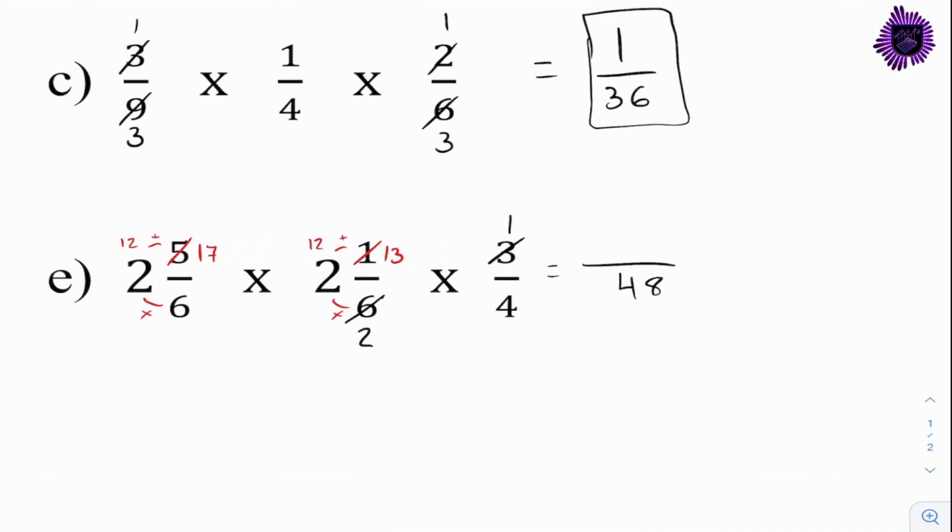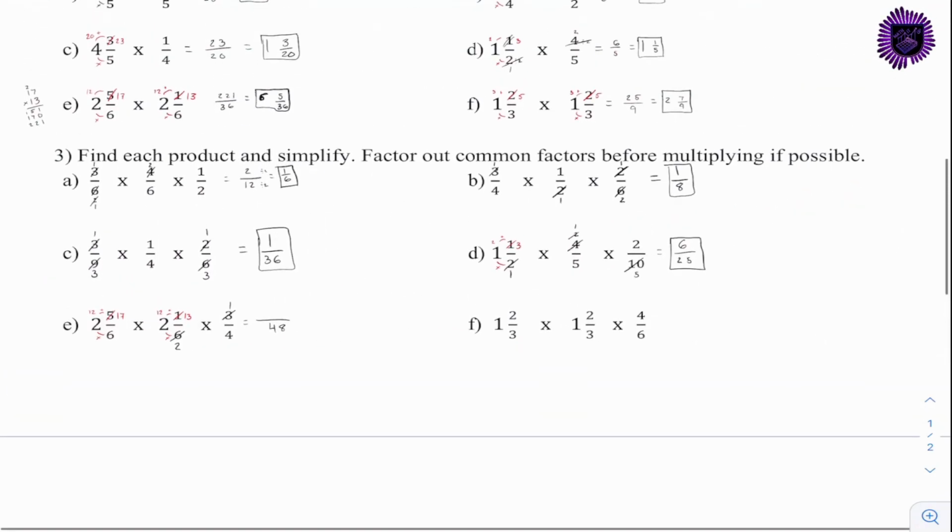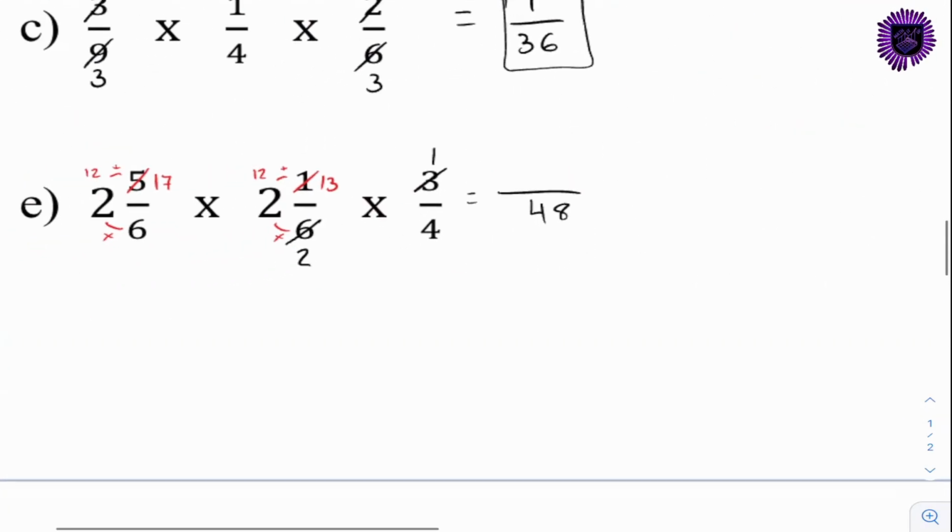Hey, we did 17 times 13 earlier, didn't we? 221. 221 over 48. They're not going to have a common factor.